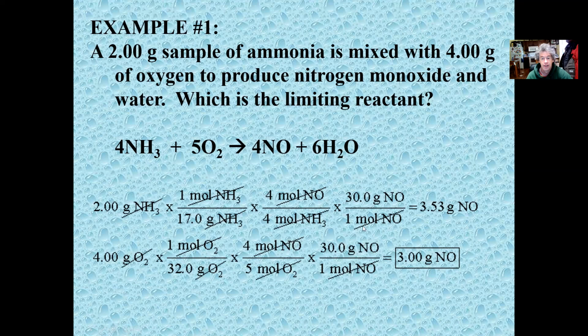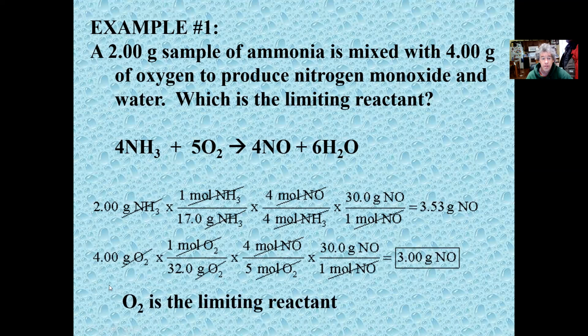And again, everything cancels in terms of units except grams of NO. And so it's going to be 4.00 divided by 32.0 times 4 divided by 5 times 30.0 equals 3.00 grams. Then we look here, this one makes less, which means that once we've got 3 grams, we're out of oxygen and we can't make the remaining 0.53 grams. So oxygen is the limiting reactant.